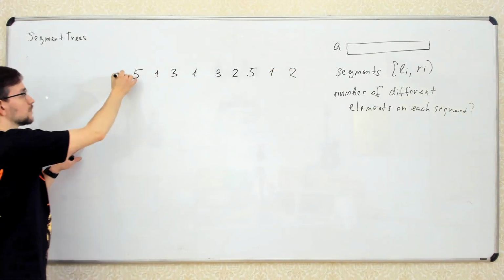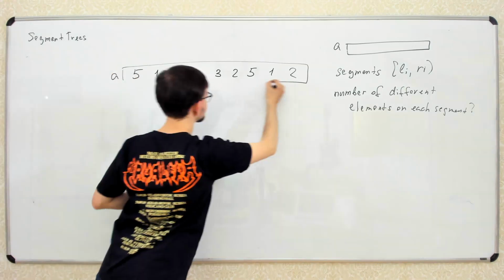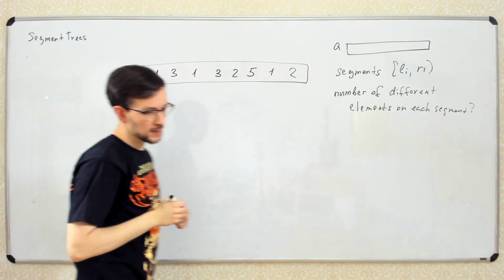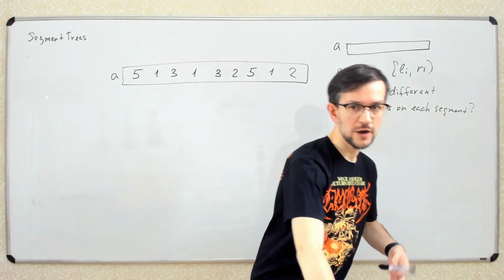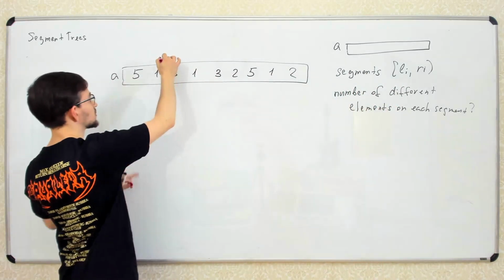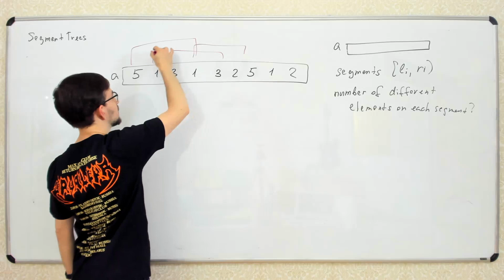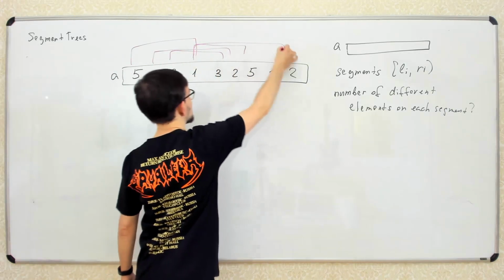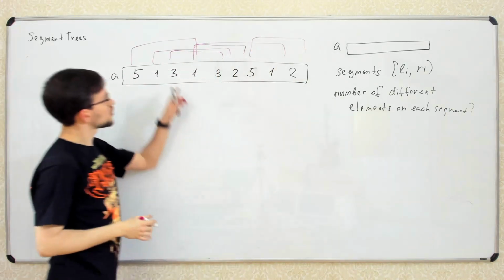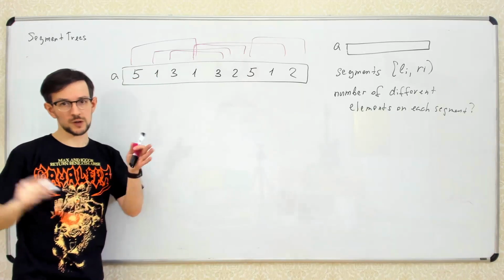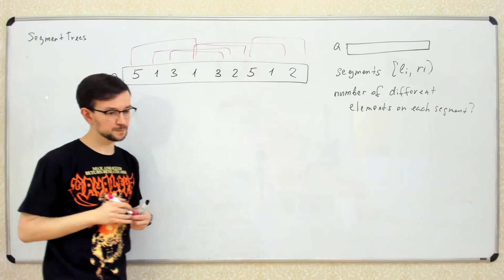So this is array A. And you have some segments of this array. You have some segment here, some segment here, so you have a lot of different segments. And for each segment, you need to output the number of different elements on this segment.